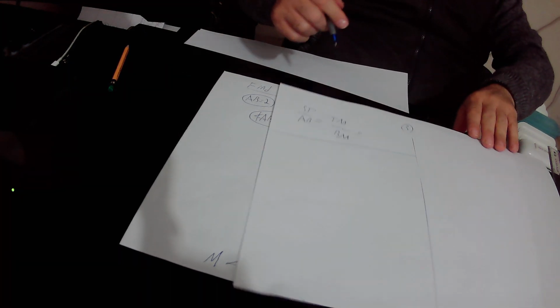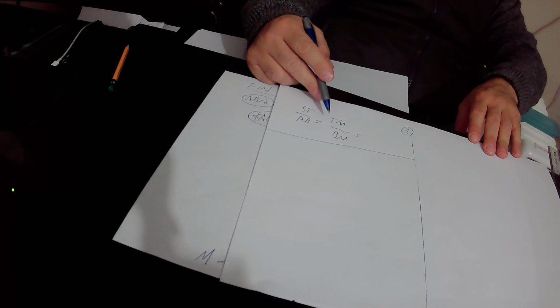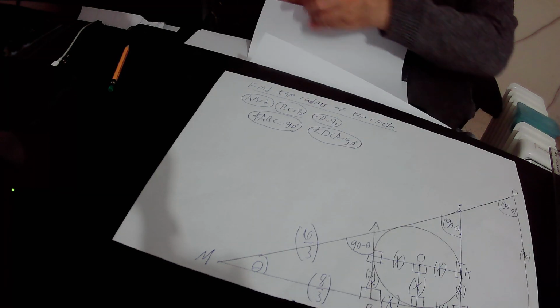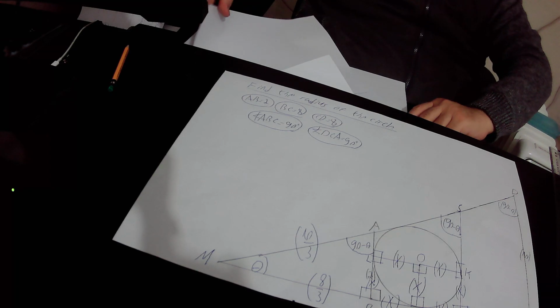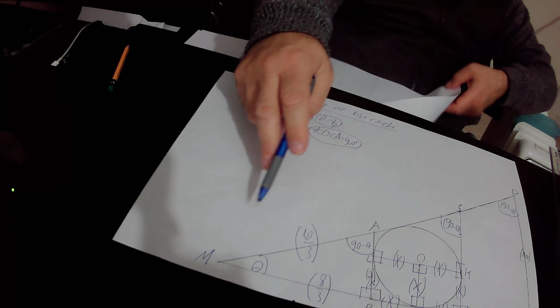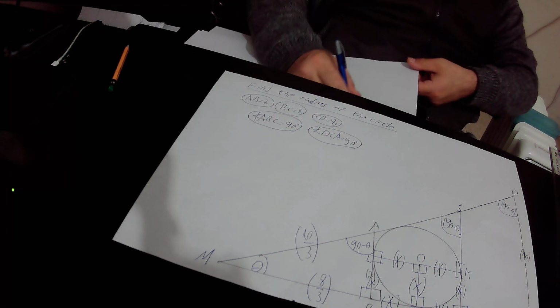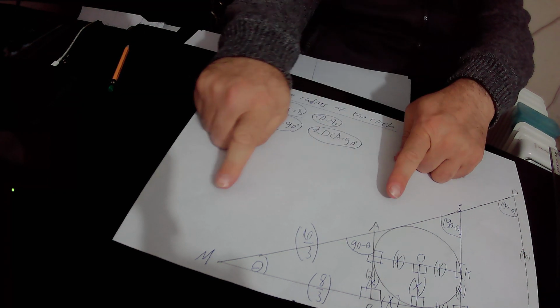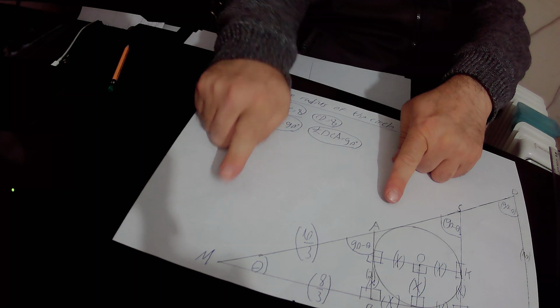We derive that ST over AB equals TM over BM, and it also equals side SM in the big right triangle STM over side AM of the small right triangle MBA.